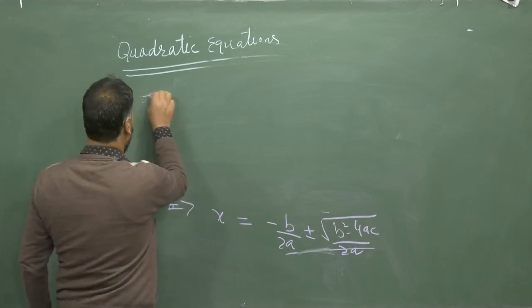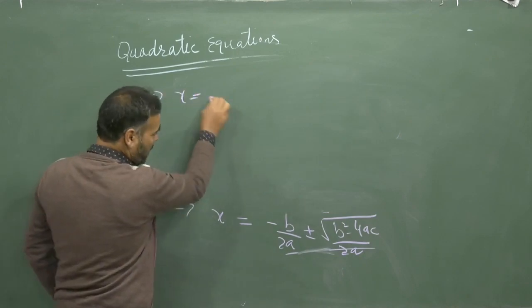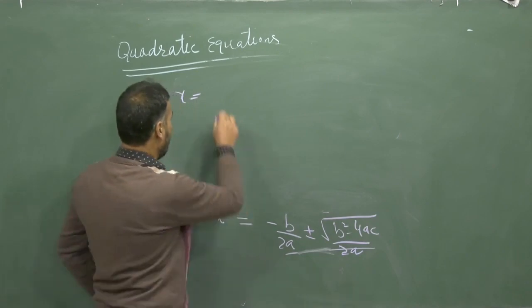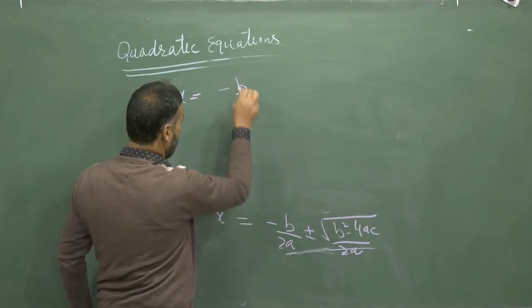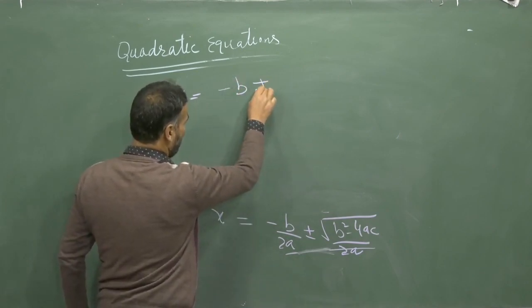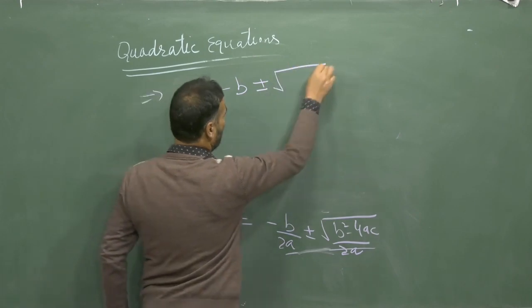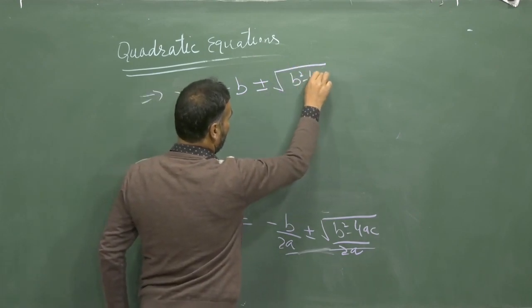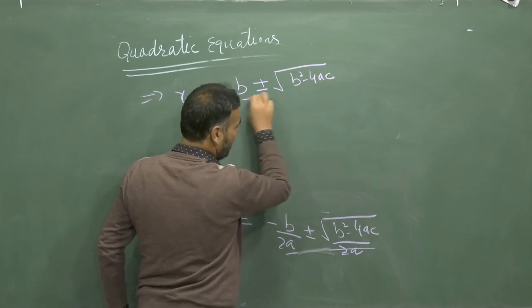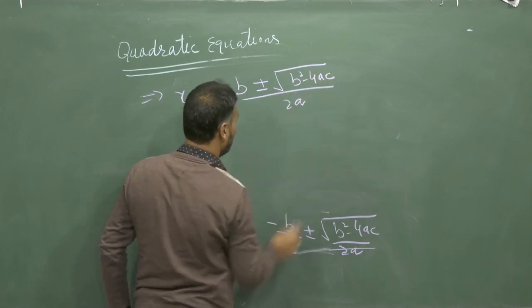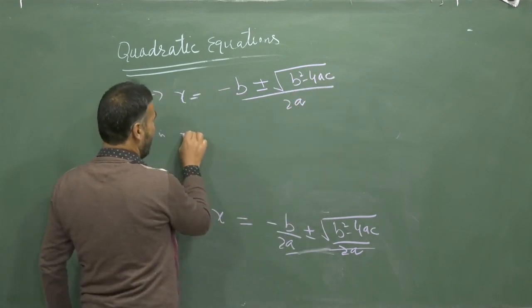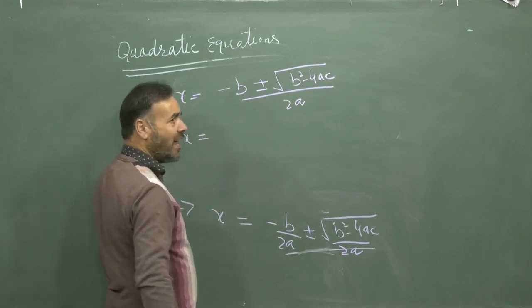Or we can say x is equal to, since the denominator is same, we can write x is equal to minus b plus minus square root of b square minus 4ac divided by 2a. This indicates that x has got two values.